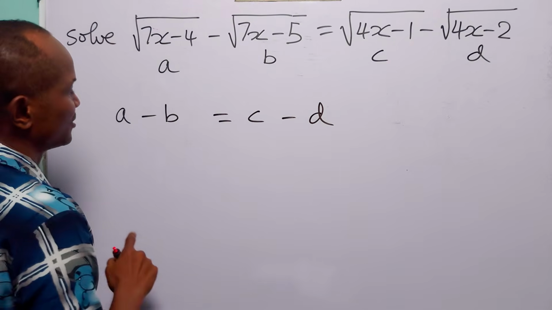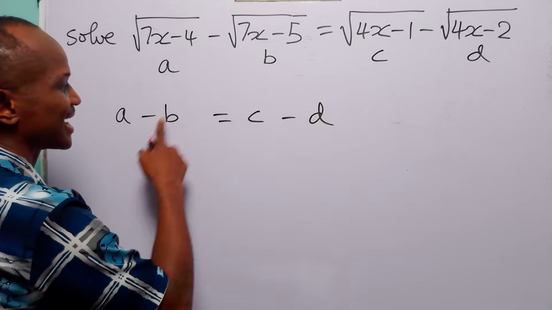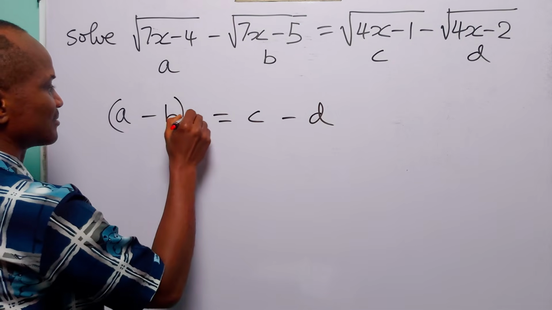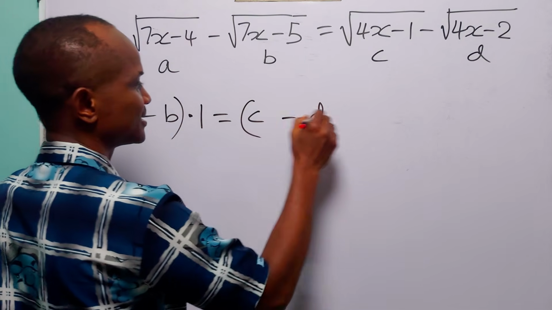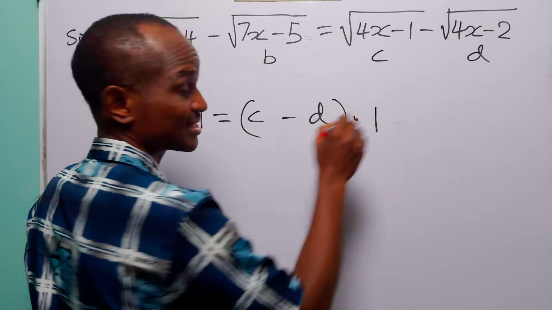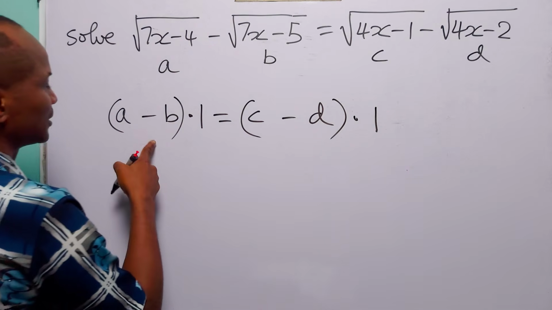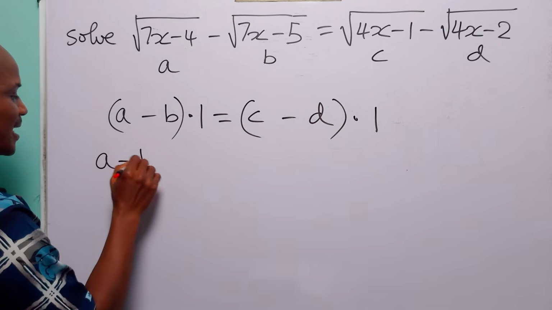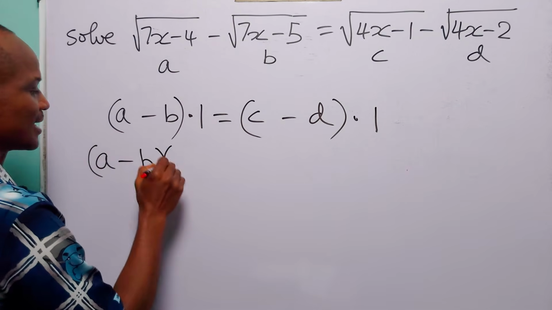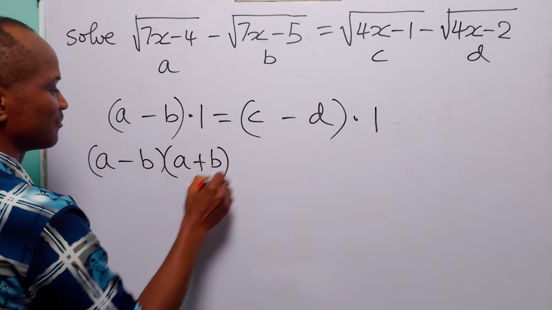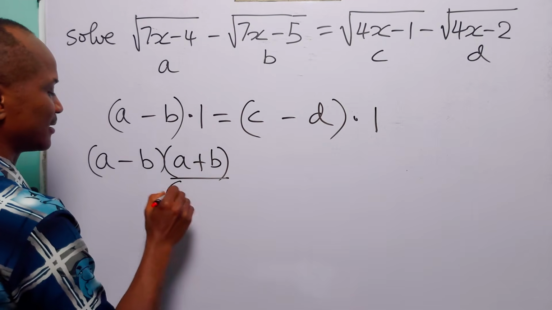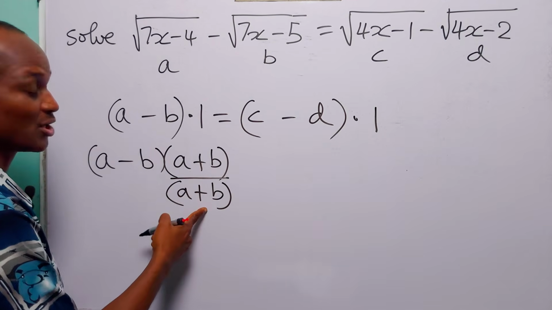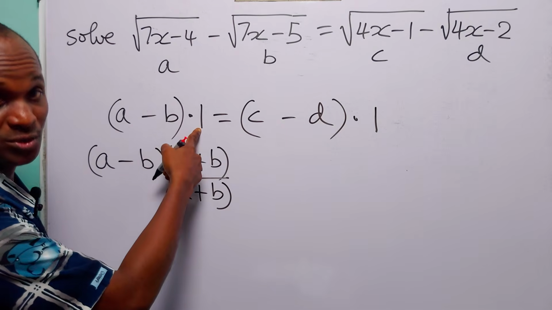Now, the next thing we are going to do is that we will multiply both sides of this equation by 1. So we have a minus b times 1 and c minus d times 1. Now, on the left-hand side of this equation, we can write a minus b times a plus b divided by a plus b. Of course, you know that a plus b over a plus b is equal to 1.